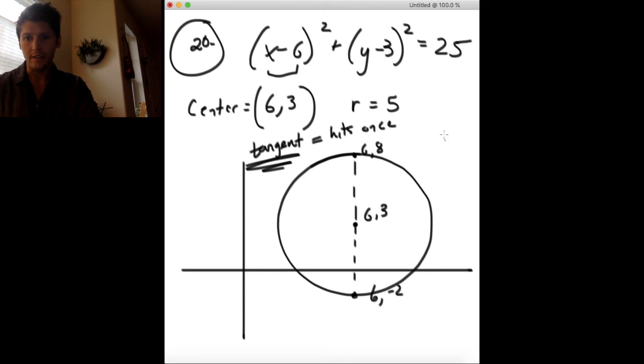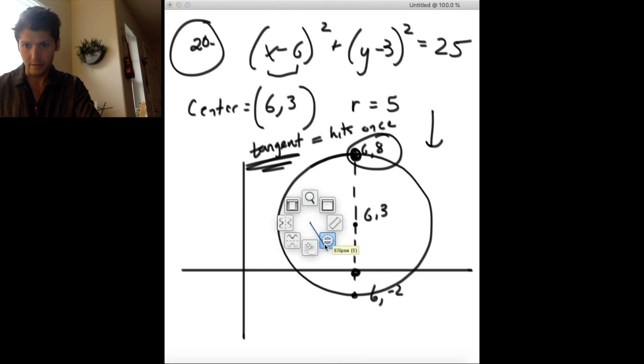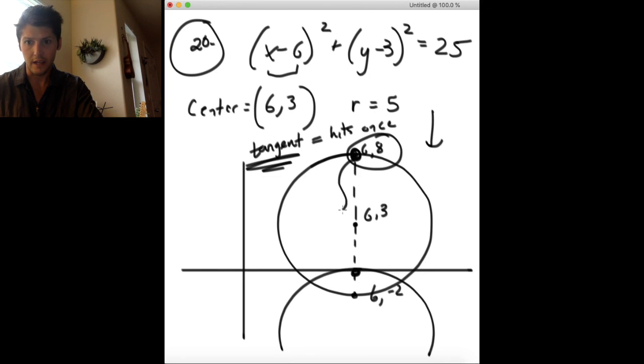So what we want is this point, 6, 8, to end up down here. We may run out of some space here, but now our circle is down here. Well, what happened? We moved 8 units from 6, 8 down to 6, 0.